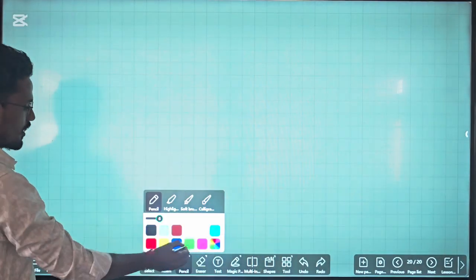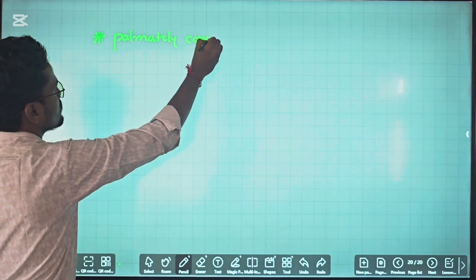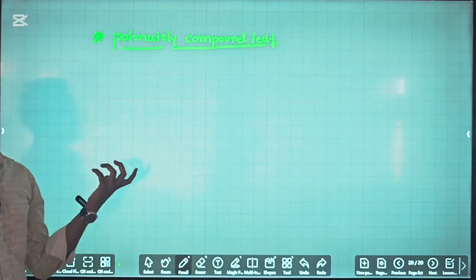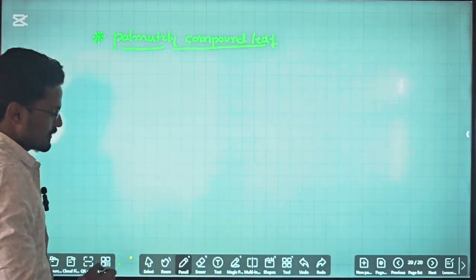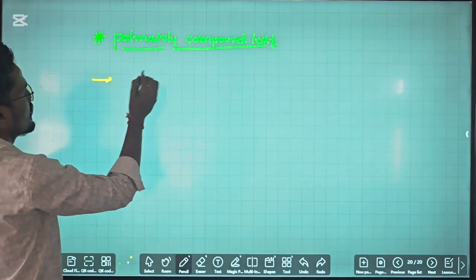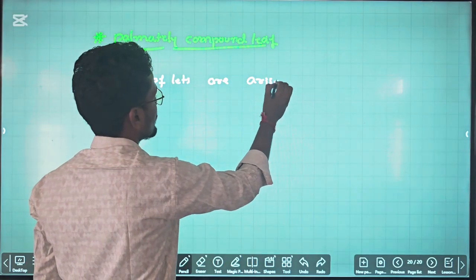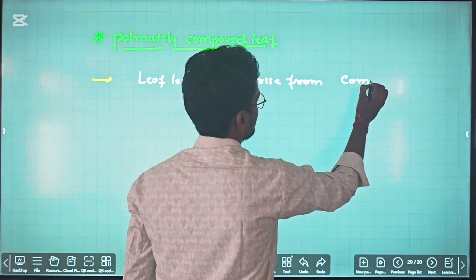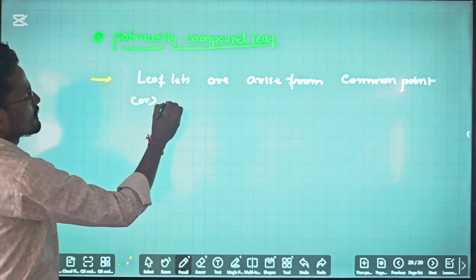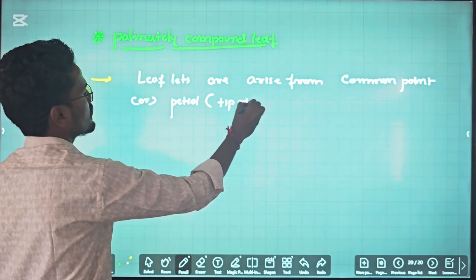First, we are going to understand the palmately compound leaf. In a palmately compound leaf, the leaflets arise from a common point, or the tip of the petiole.